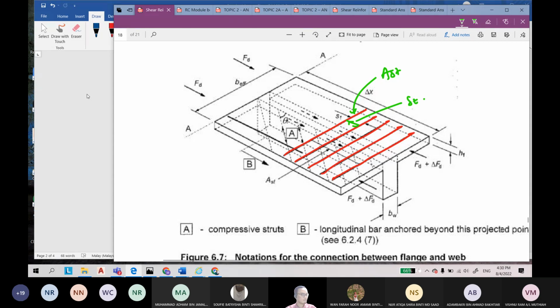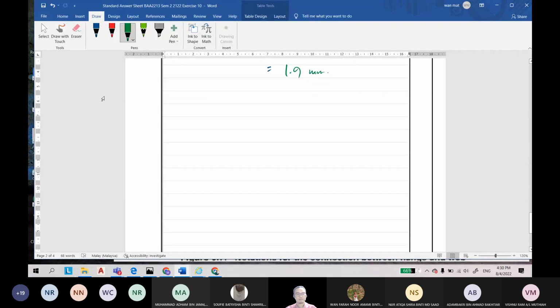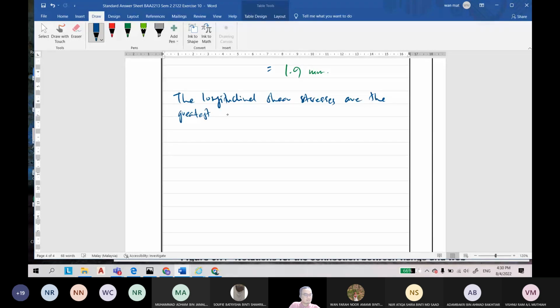So how to do it: the longitudinal shear stresses are the greatest over a distance measured from the point of zero moment.